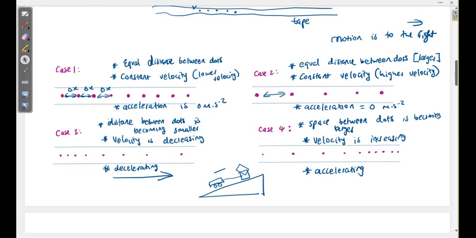What would you tell me about the velocity? The velocity is decreasing, because as this thing is moving that side, the distance was large, but now the distance is becoming smaller, right? Smaller, yes. So the velocity is decreasing.